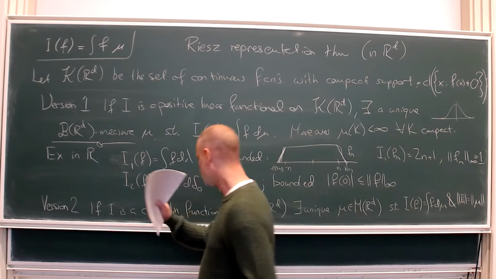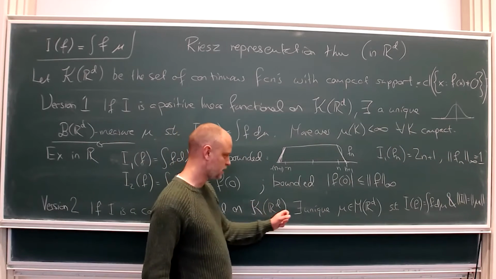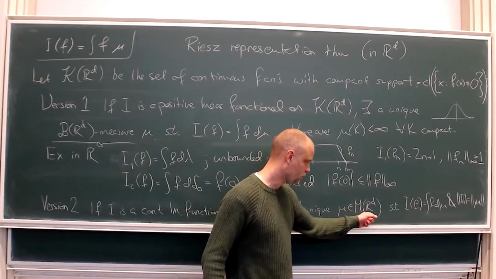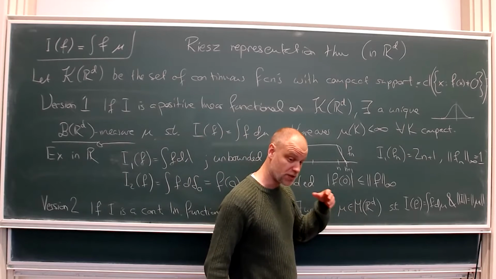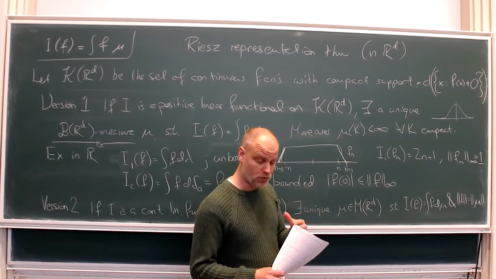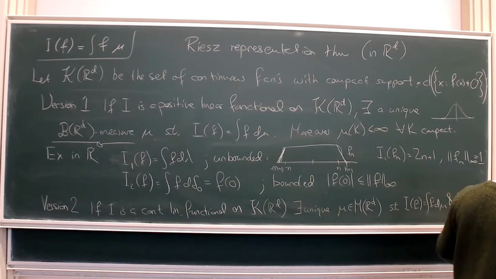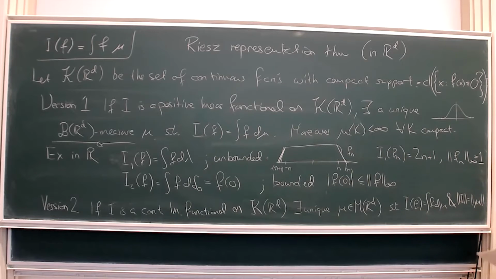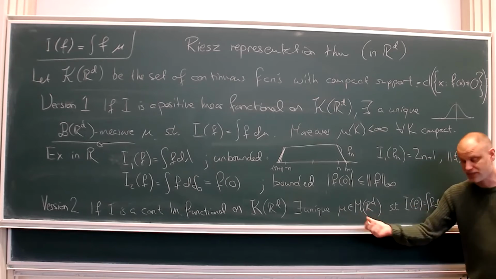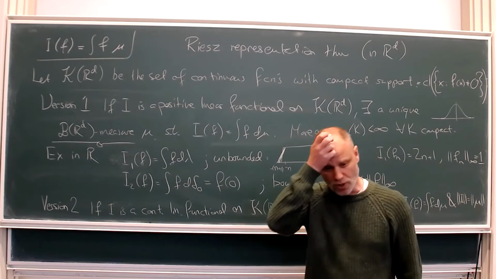Right. So if I is a continuous linear function on this space, there exists a unique measure mu, and now I use this notation here, which was the Banach space of all finite signed measures. And then we have that, okay, this formula we knew, but there is an additional twist to it that the norm of I as a bounded linear functional, this supremum of I applied to f divided by the norm of f for all f's, this norm as a functional is equal to the norm of mu in this space, which is precisely what we want, right?